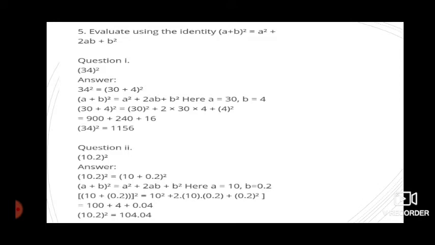A square, 30 square, plus 2ab, 2 into 30 into 4, plus 4 square, is equal to 30 square means 900, plus 2 into 30 into 4 we will get 240, plus 4 square 16. Now if we add all together, 900 plus 240 plus 16, we will get 1156.